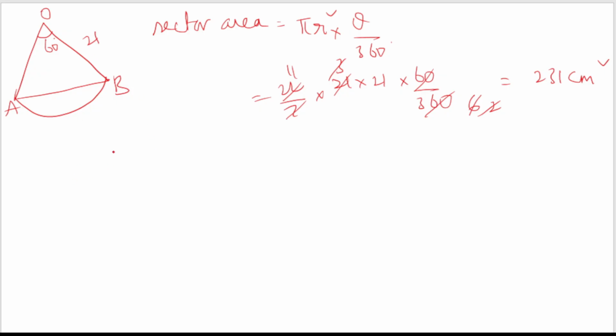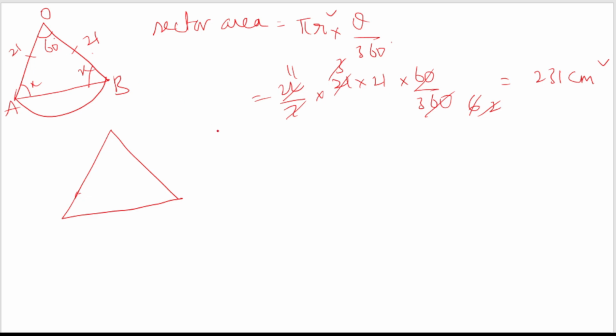Now how do we find the area of the triangle OAB? If you see this triangle clearly, OA and OB are radii, so this forms an isosceles triangle. The angles opposite to the equal sides are equal, so we will assume these two angles as x.